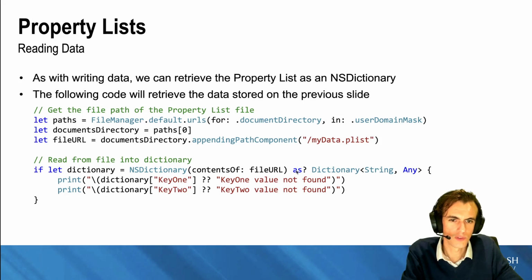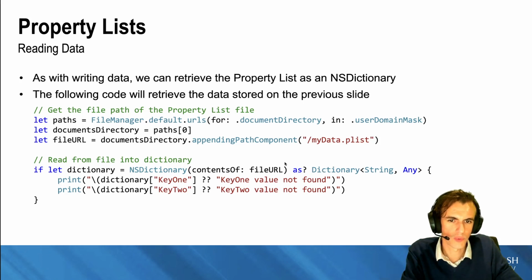The other thing that we're doing as part of this creation, we're also casting it to a normal Swift dictionary, with the type String as the key and Any as the value. And we're saying as with a question mark, so this is not a forced cast. It's an optional cast. So if it can't be cast to this, then this will return nil.